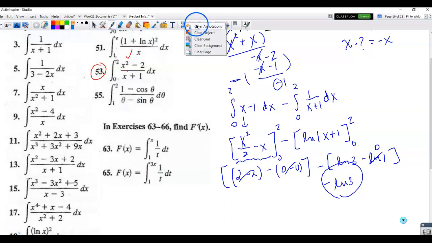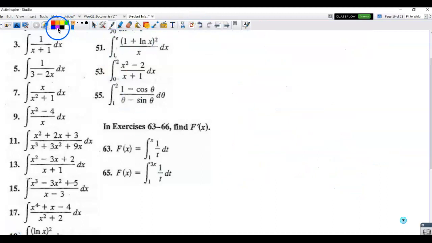Moving on to 55. In number 55, I'm going to let u equal the denominator, let's see if this works, theta minus sine theta. The derivative of u is du, the derivative of theta is 1, and the derivative of sine, perfect, is cosine, and that's exactly what I have in my numerator.